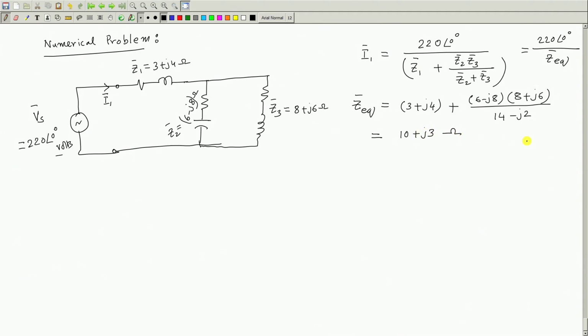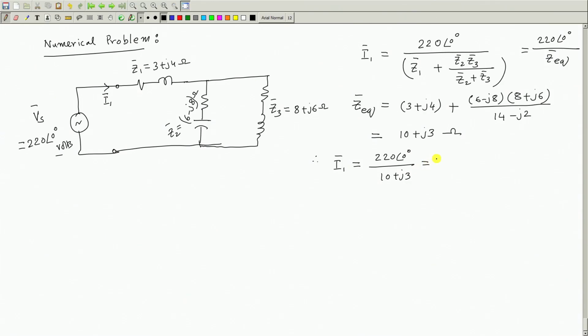So, Z equivalent being known, I will be able to calculate I 1 bar. I 1 bar will be equal to 220 angle 0 degree divided by this 10 plus J 3.